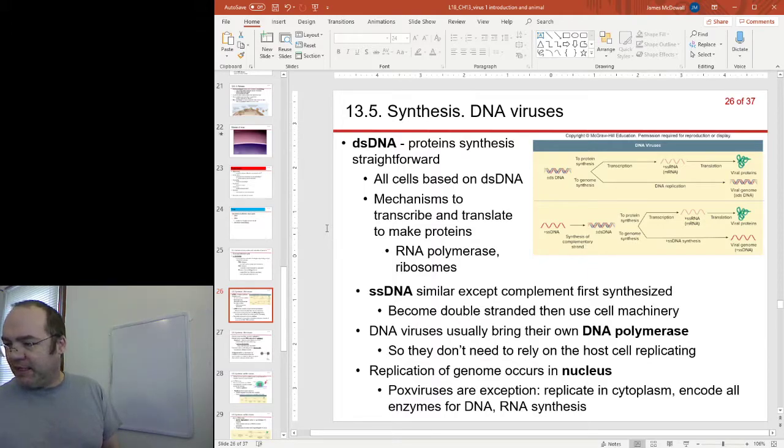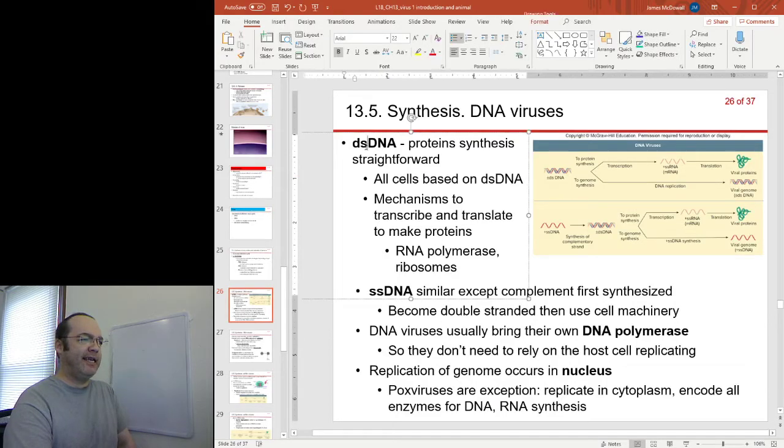So we are on pages 346 and 347, which are a couple of very intimidating pages in the textbook. Let's start with DNA viruses. There are two kinds of DNA viruses. There are double-stranded DNA viruses designated by DS, and there are single-stranded DNA viruses designated by SS.